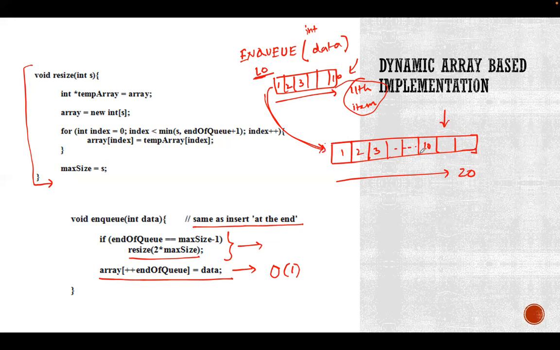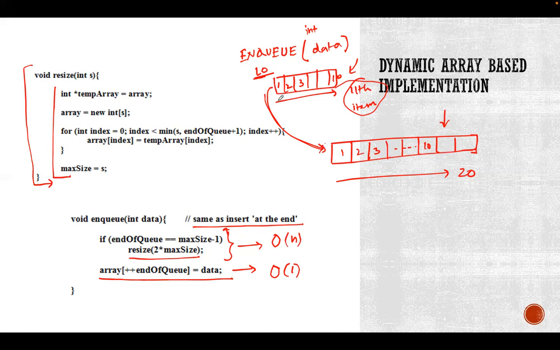Then we can keep inserting new items at the end of the queue. This resize operation takes order of n runtime. Why is this order of n? Because when we declare a new array, we have to copy all of the items from the old array to the new array, and we are doing that one by one.